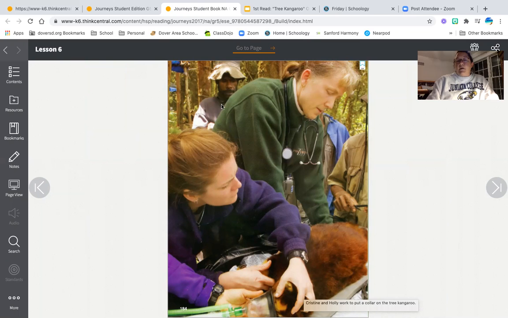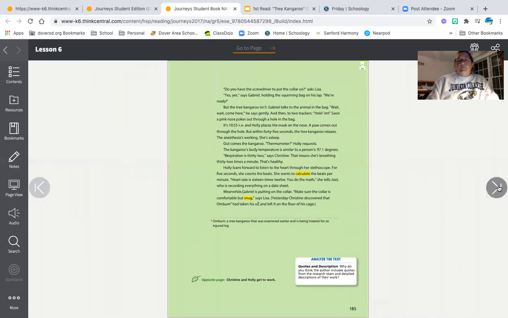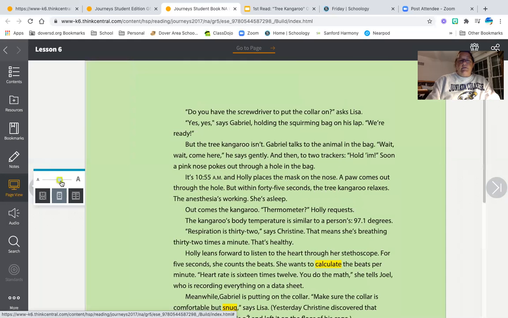This looks like one of the guides in the background, and I can see she has a watch on. She might be counting, doing the breaths or the pulse rate, and they look very serious, like they're taking this seriously. So let's read through this last page here. Let me make the text a little bigger so we can see it.